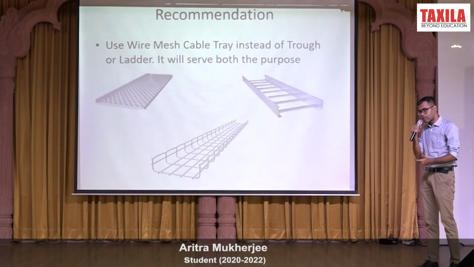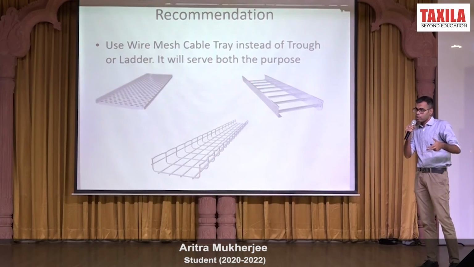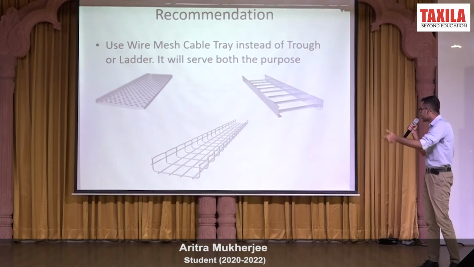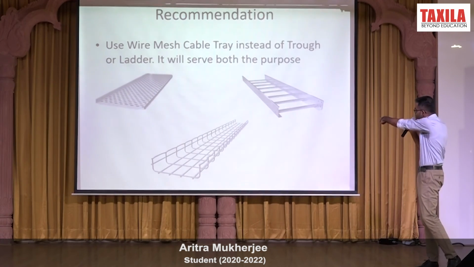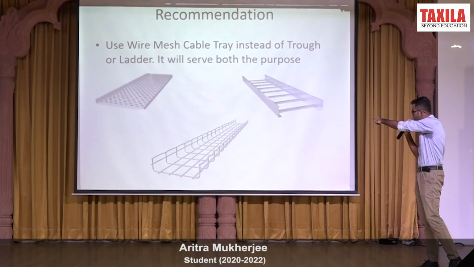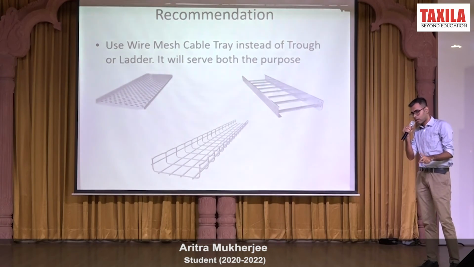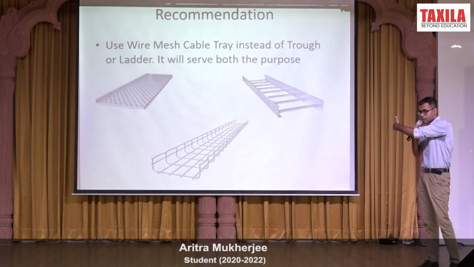So if you have to put a large amount of cable in a particular place which is heat prone, what will you do? Then you can use this wire mesh, because as you can see in this structure, it is an open area as well, with a lot of air passing, and it is also a basin-like structure.